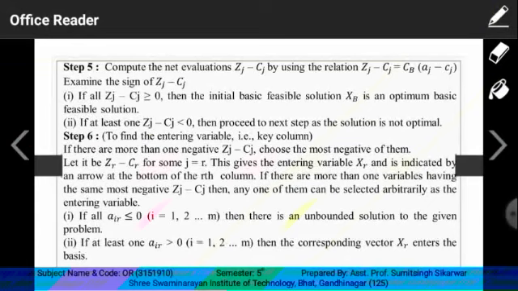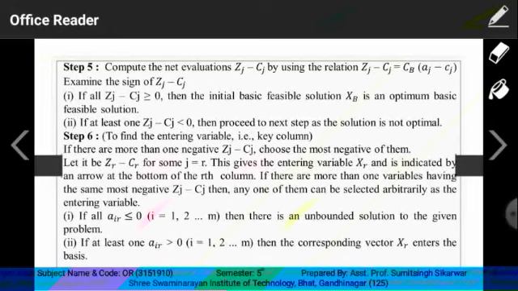In our next step, we will compute the net evaluation Zj minus Cj by using the relation Zj minus Cj equals Cb into Aj minus Cj. Now we will examine the sign of Zj minus Cj.